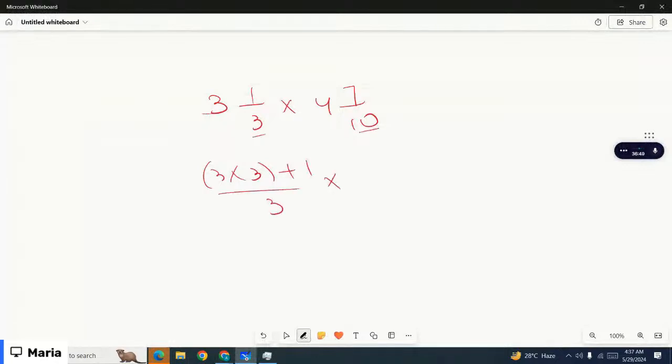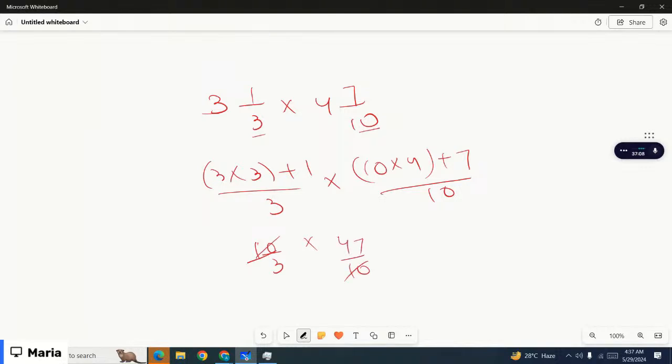Then you have to do 10 times 4 and plus 7 over 10. That is 3 times 3 is 9 and 1, 10 by 3. 10 times 4 is 40 and plus 7, 47 over 10.